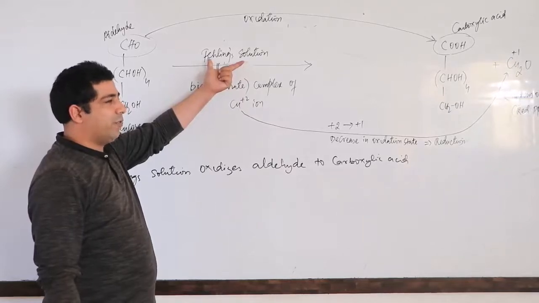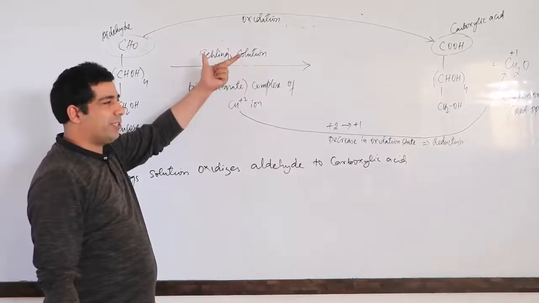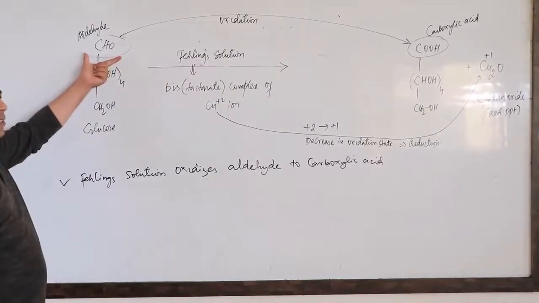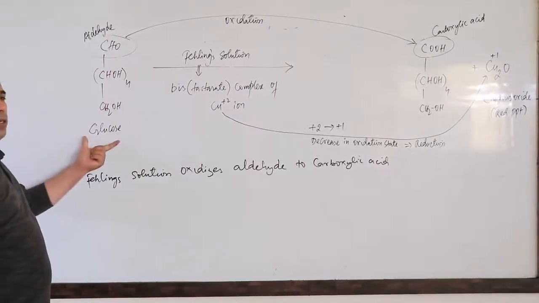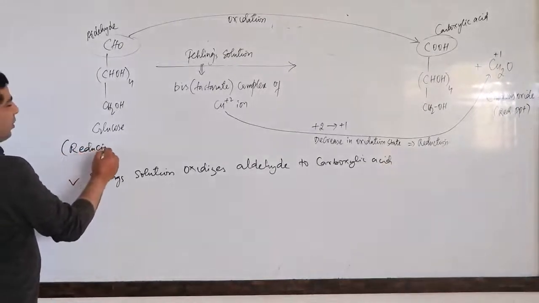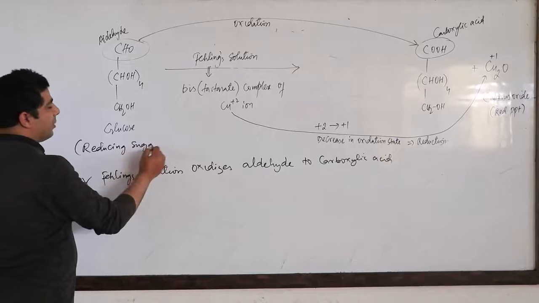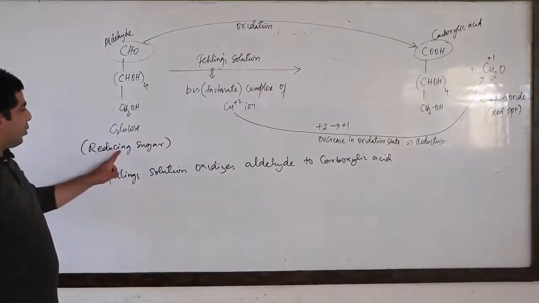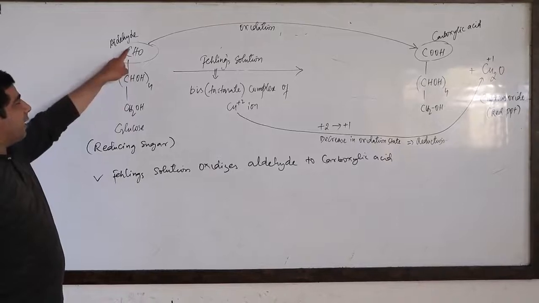So Fehling solution is reduced. Who is reducing the Fehling solution? Obviously the aldehyde, and aldehyde belongs to what? Glucose. So that means the glucose molecule is a reducing sugar.